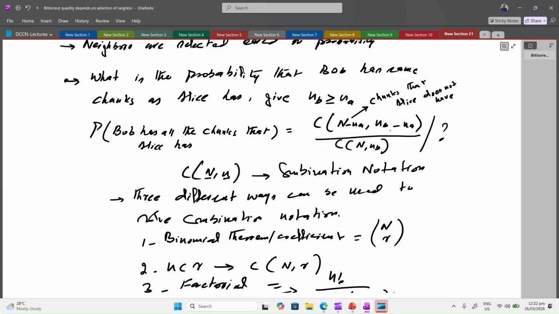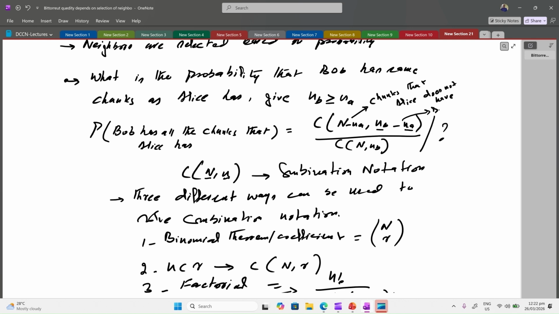And this is what? nb are the chunks, the subset of the chunks with Bob, minus the subset of the chunks that Alice has. This is the difference between Alice's and Bob's chunks, the chunks after having a difference between Alice and Bob's chunks, right?